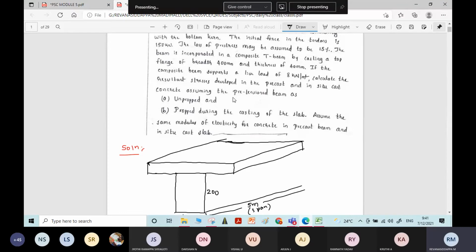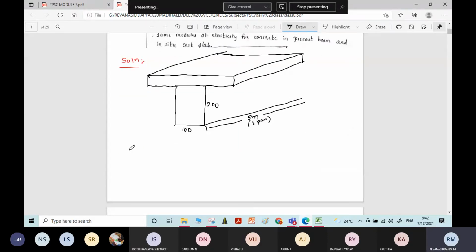Calculate the resultant stresses developed in the precast and in situ cast concrete using the pre-tensioned beam as unpropped and propped. That we will solve. Below you write the given data.